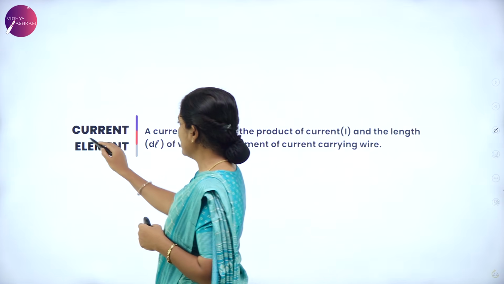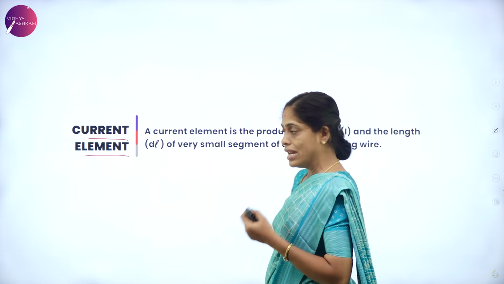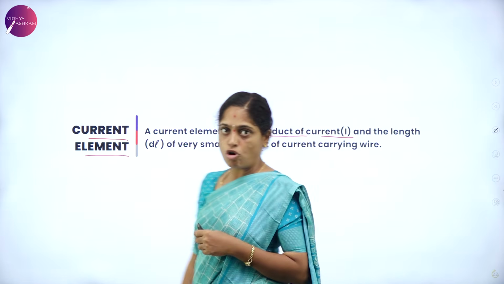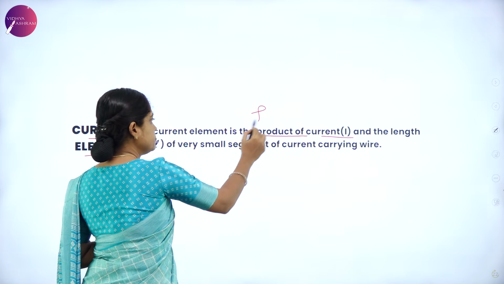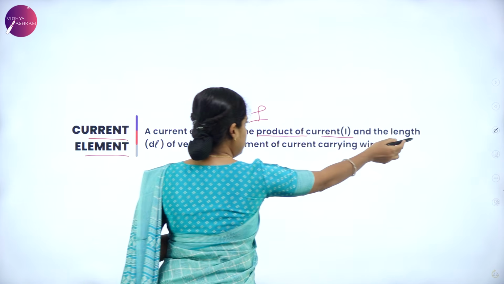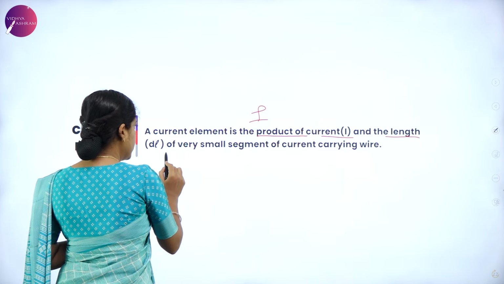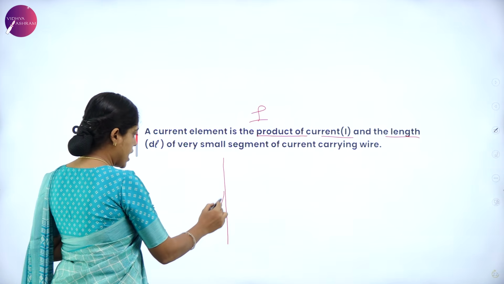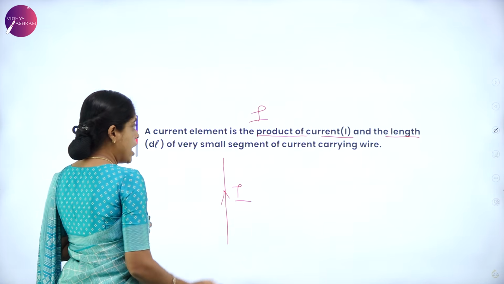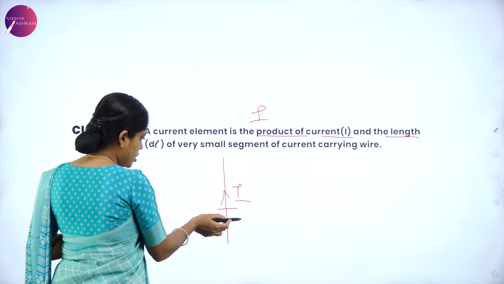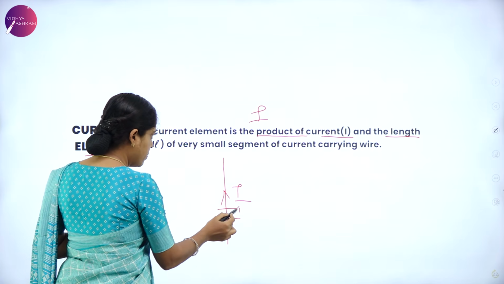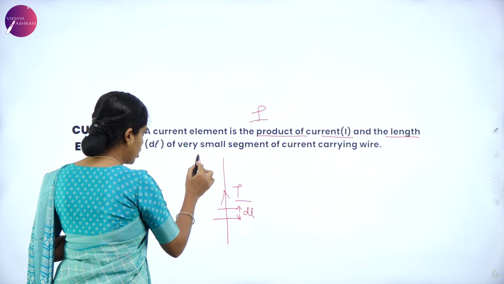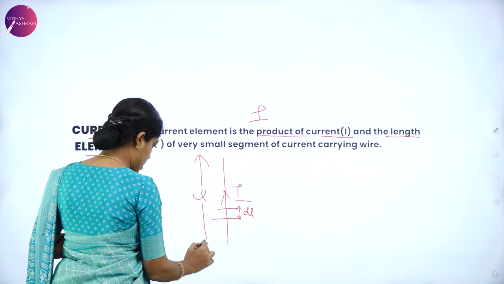So, what is current element? Current element is a product of current and the length. That is, if I consider a conductor carrying current I, in this we will consider a small segment of length dl.